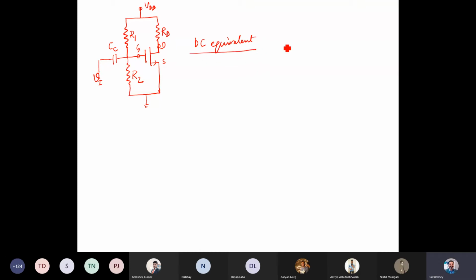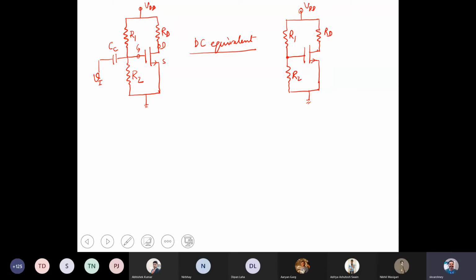So its DC equivalent circuit would be simply this. This is R2, and so the voltage VG at this point, we can find using the voltage divider.